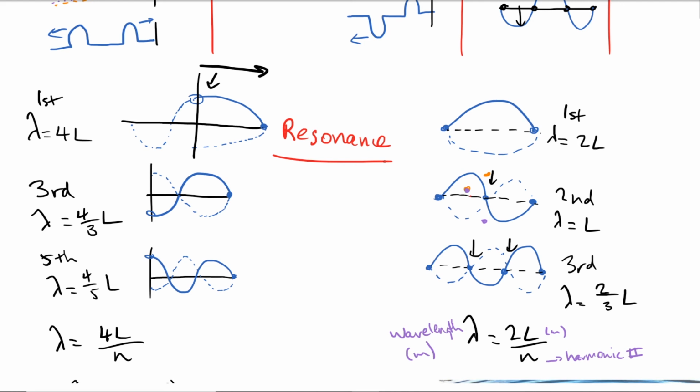And this can actually lead to some really horrible engineering nightmares, like bridge collapses if the wind is coming in at a certain frequency. So it's something that engineers have to be very, very mindful of when they're designing structures.